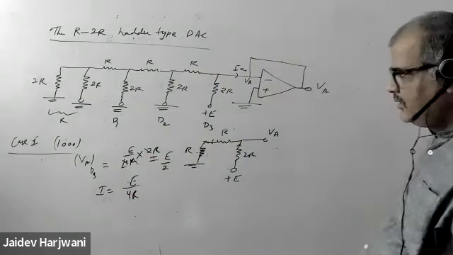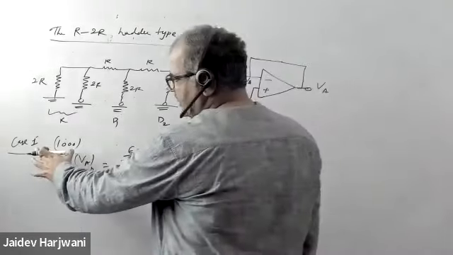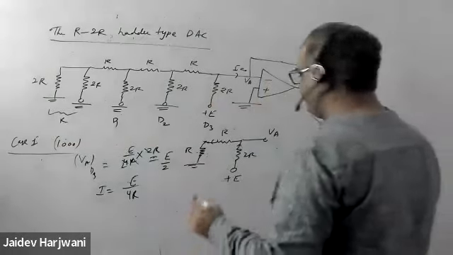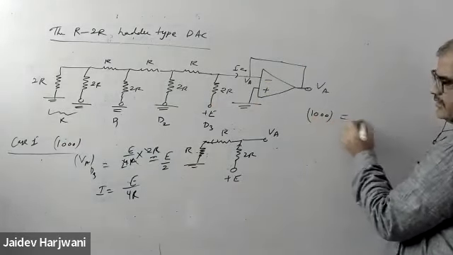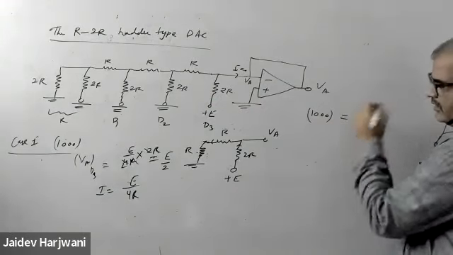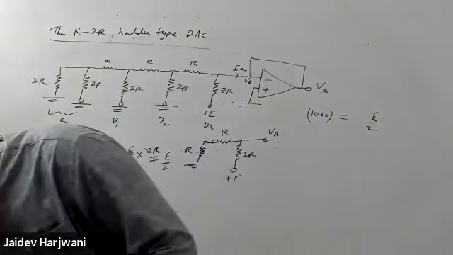So the weight of this digital input 1000 comes out equal to E by 2. If it is not clear yet, tell me.